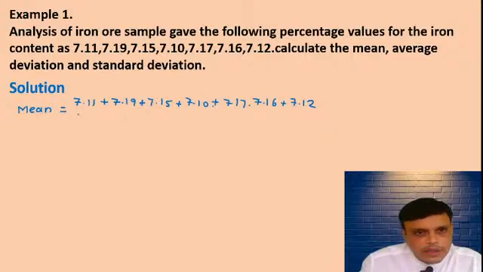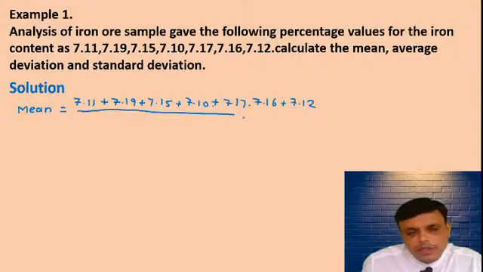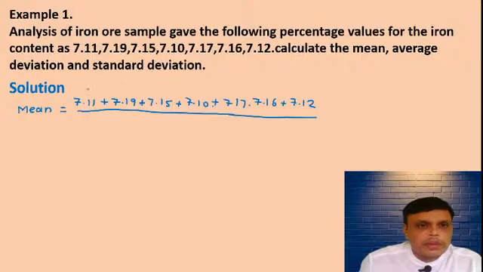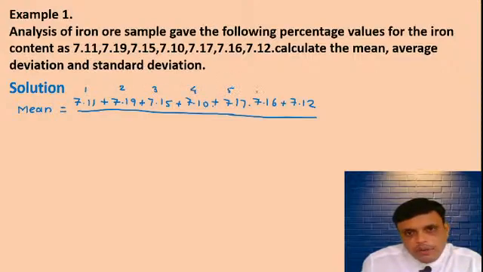So you have to add these values and divide by the number of data sets. How many data sets, or how many times did they perform the experiment? 1, 2, 3, 4, 5, 6 and 7. So you have to divide this value by 7.